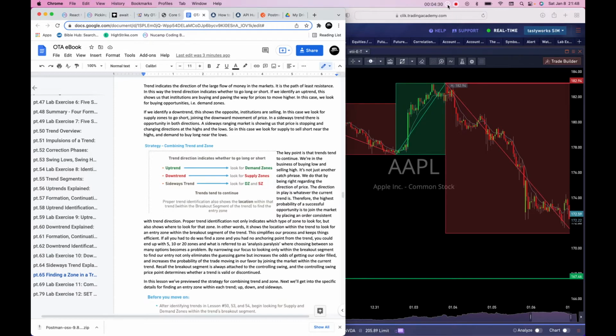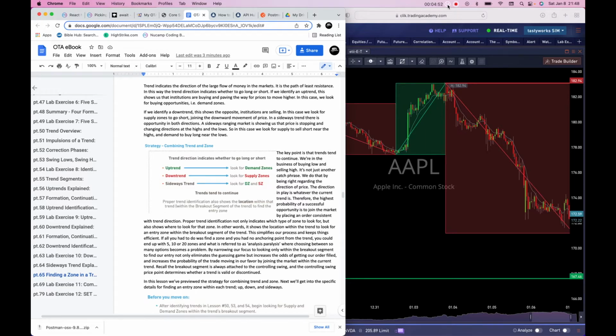Narrowing our focus to looking only within the breakout segment to find our entry not only eliminates the guessing game, but it increases the odds of getting our order filled and increases the probability of the trade moving in our favor by joining the market within the current trend.